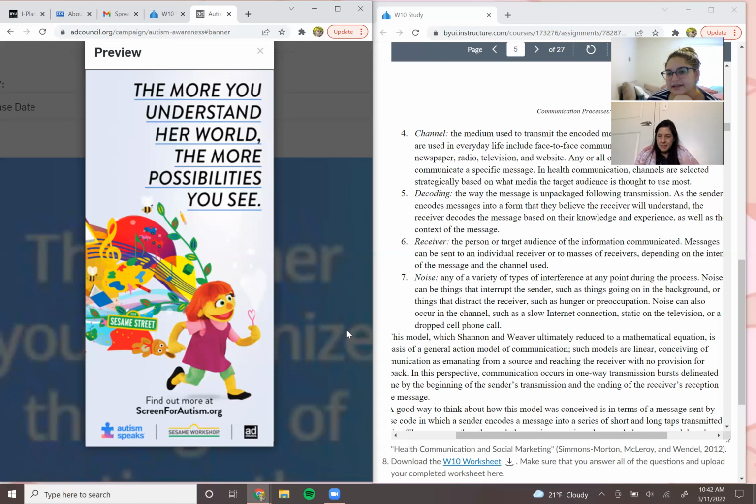I think it captures your attention more, but printed PSAs and banners like this are still important because you can place them in places you can't place a screen. Like on a classroom wall, this would be really cool.